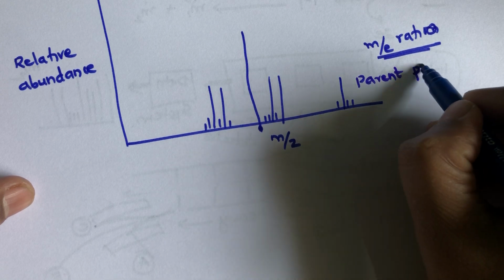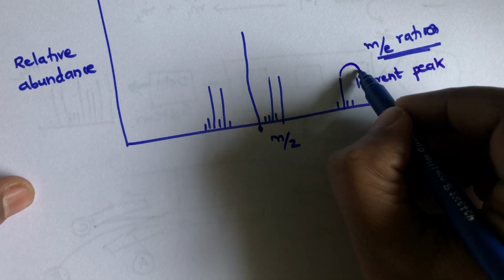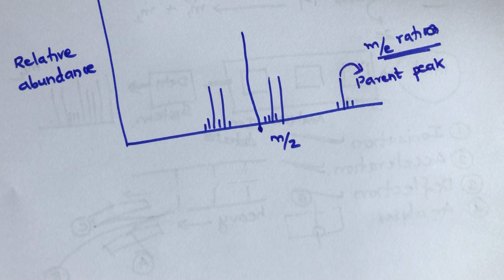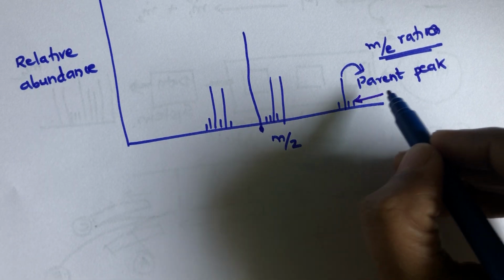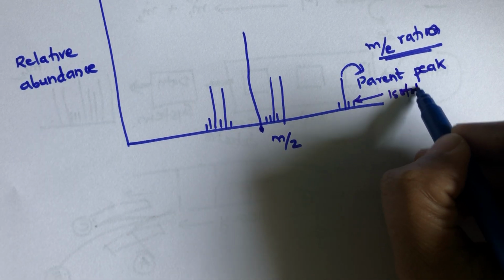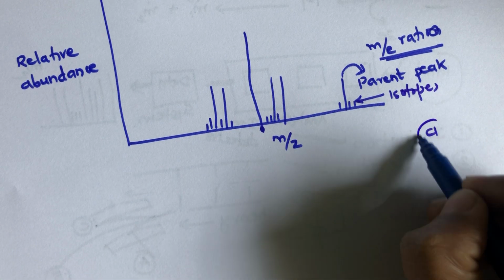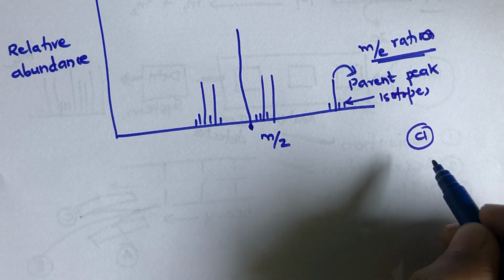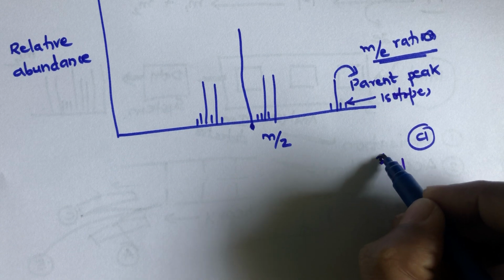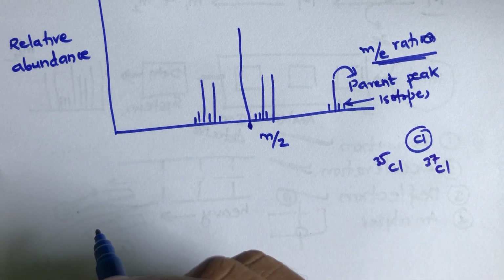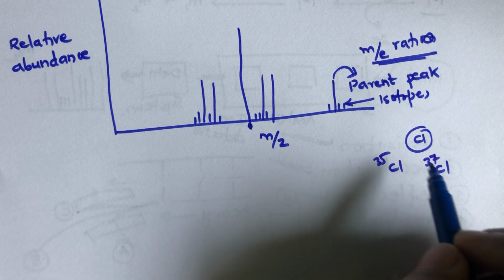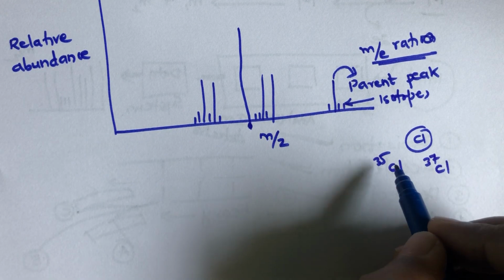The parent peak's value corresponds to the mass of the compound under examination. If there are isotopes, you get additional peaks. For example, if there is a chlorine atom present, chlorine exhibits two isotopes: chlorine-35 and chlorine-37. If a molecule contains a chlorine atom, we get a small peak at +2.